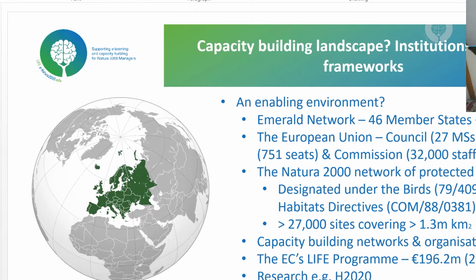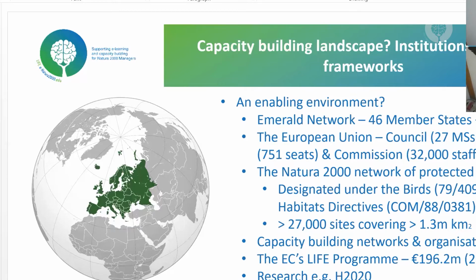But then the European Union as well, and of course within that of direct relevance to our project, the Natura 2000 network, which is the legislative backbone to Natura 2000, the Birds and Habitats Directive. So there are 27,000 sites which cover more than 1.3 square kilometers, and that's terrestrial and marine.